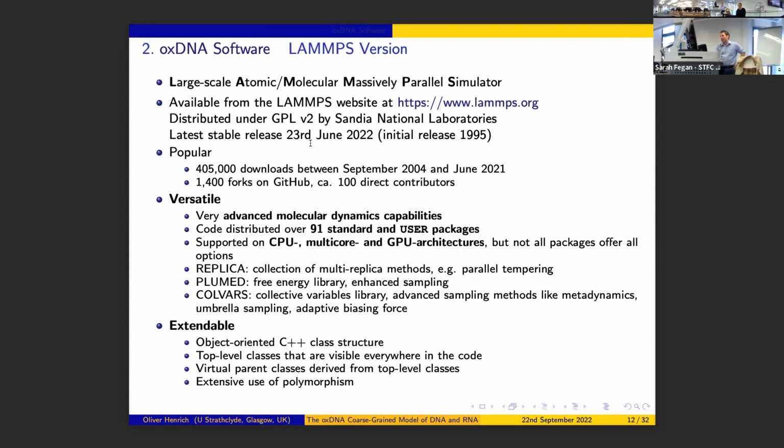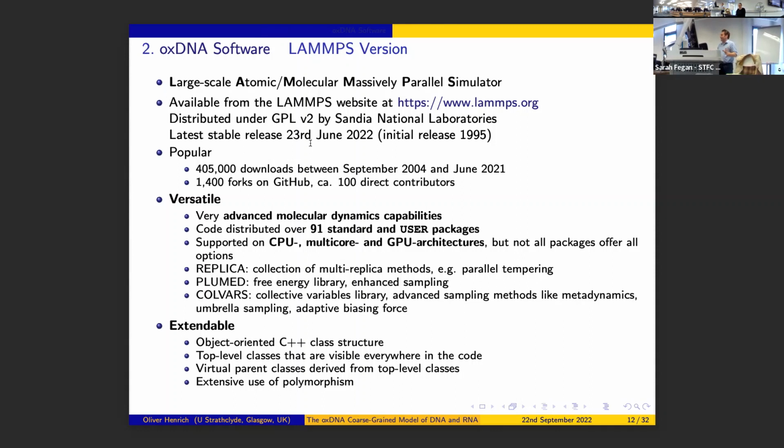There are over 400,000 downloads over the last, well, it looks a bit long, but 17 years-ish. But how often do you download a code? I've done it a few times with LAMMPS, but probably not even 10 times in my life. There are 1,400 forks on GitHub and about 100 direct contributors, so they develop different bits.